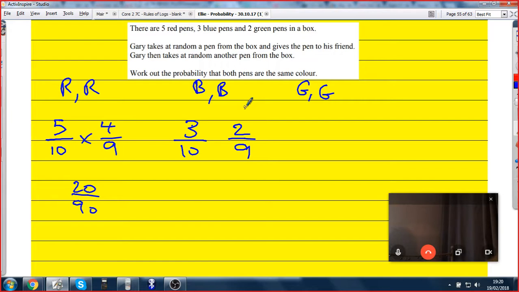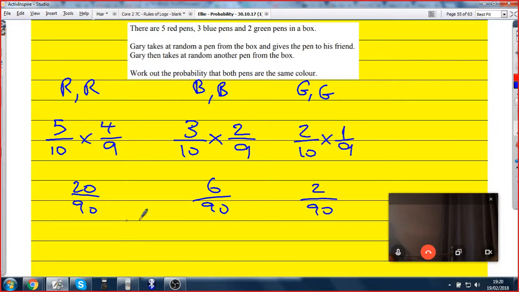Yeah. So you get 6 over 90. That's it. And last one? 2 out of 10. And 1 over 9. Yeah. And then times them to get 2 over 90. That's it.